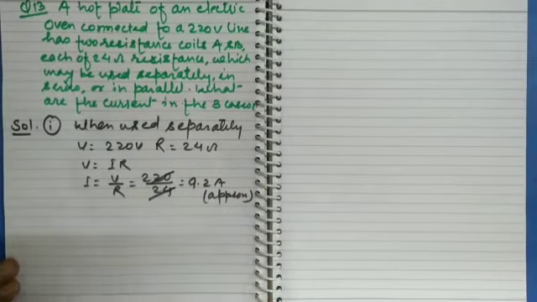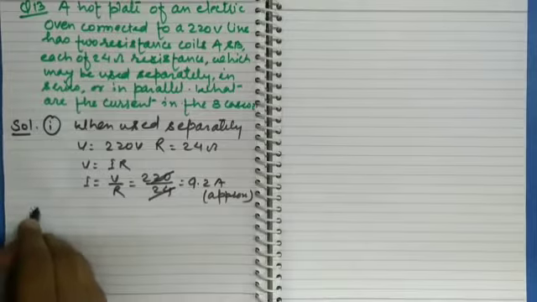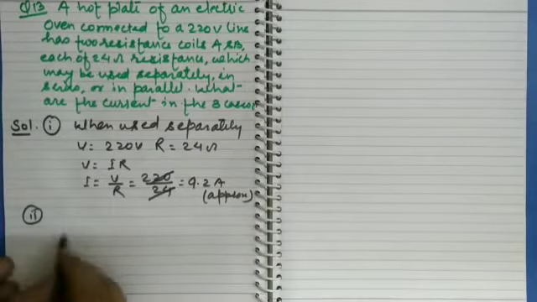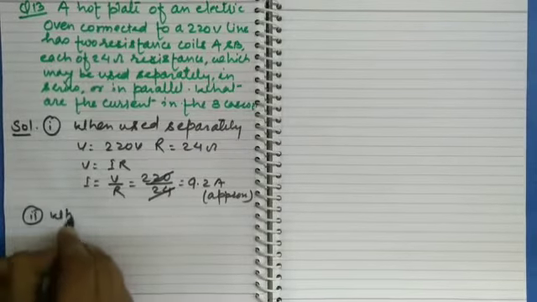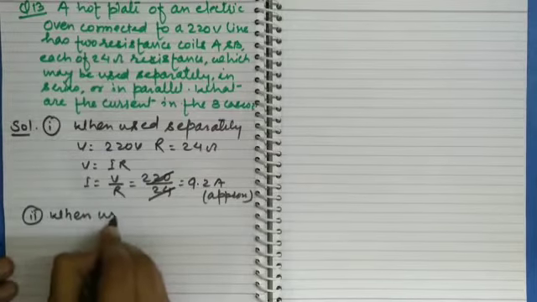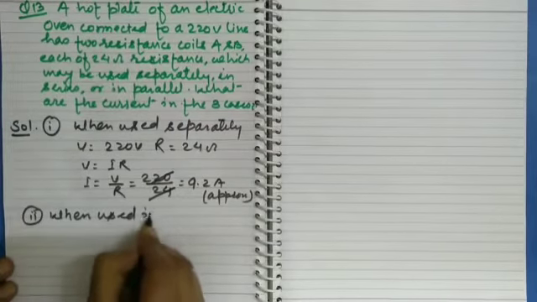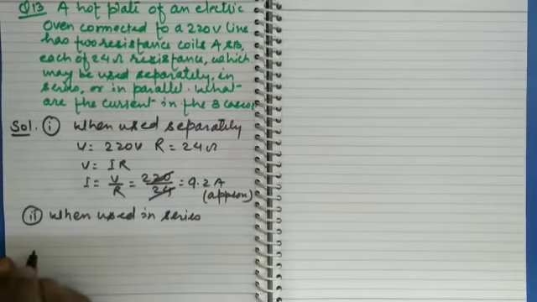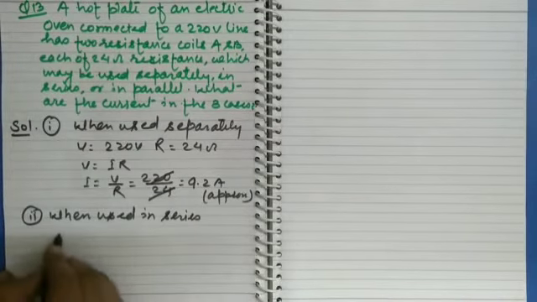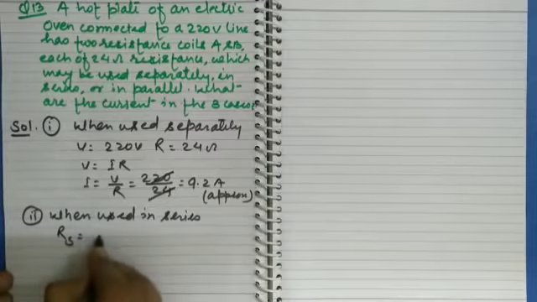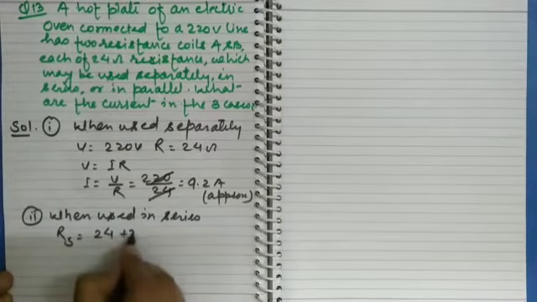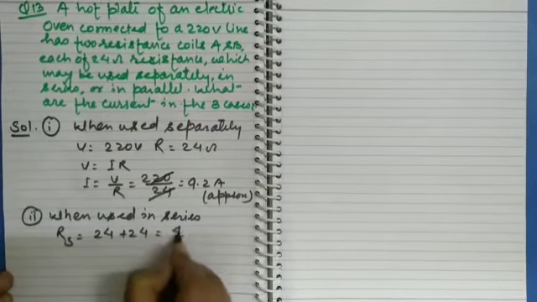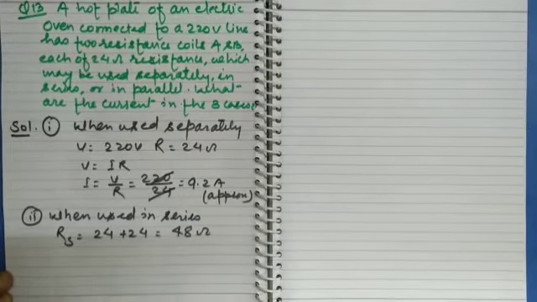Now second case, when used in series. Let us find the resultant resistance in series: Rs equals 24 plus 24 equals 48 ohm.